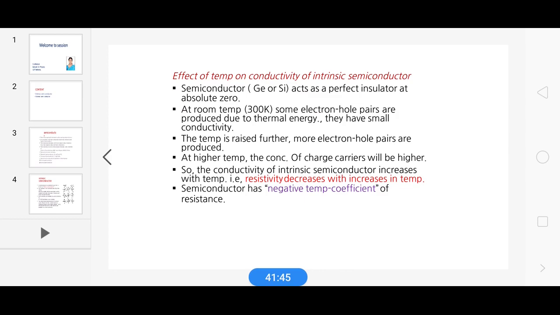Now, the effect of temperature on an intrinsic semiconductor: as the temperature increases, the conductivity increases and the resistivity decreases. So it has a negative temperature coefficient of resistance.